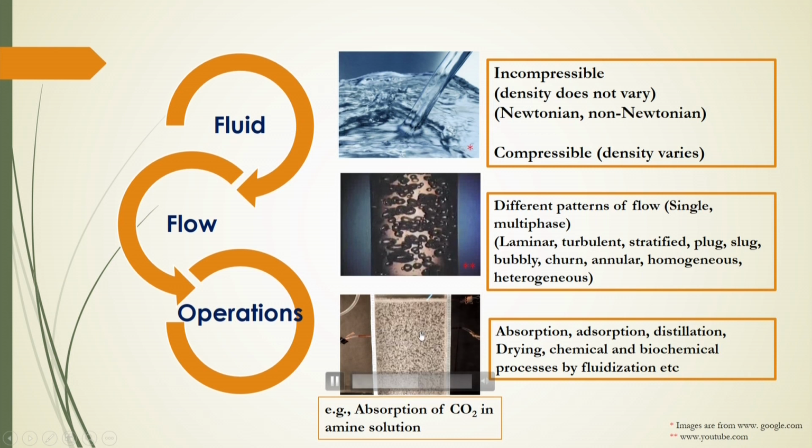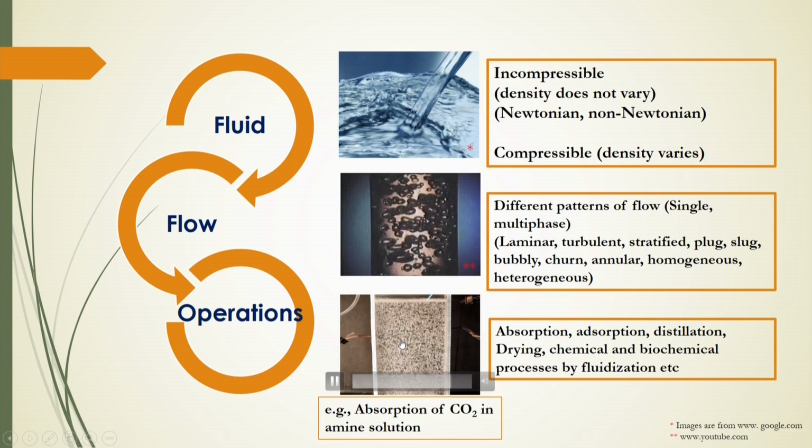So, this is the operations. This one is flow, this is also flow, but how this flow will be operated for a particular process to get particular products. Like one example here, in this video, this is one reactor. In this reactor, from the bottom some carbon dioxide gas is supplied into a liquid medium.